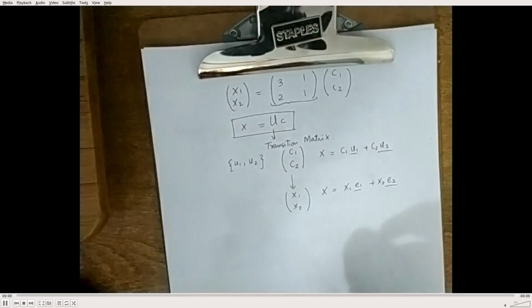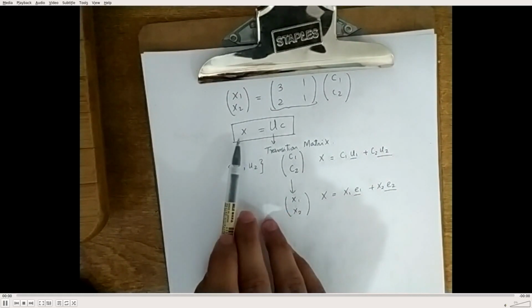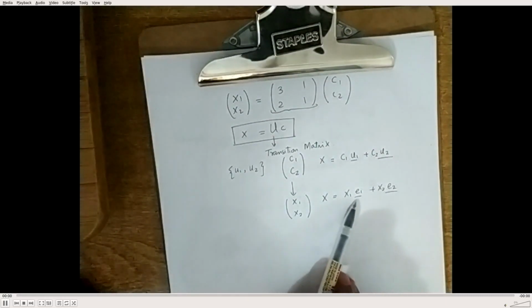And the way to do that is simply multiply C with the transition matrix U, and you will get the coordinates in the standard basis, which is a very simple thing to do.